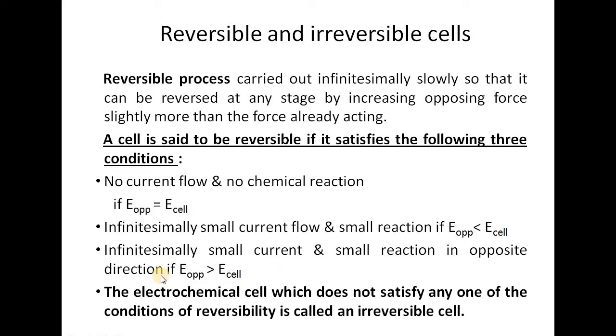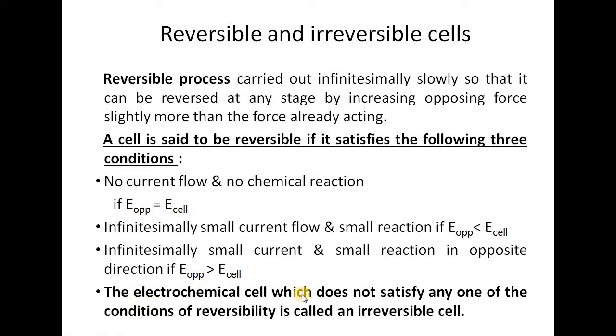And third thing, if the opposite EMF is greater than the EMF of the given cell, then there will be small current flow and small reaction in the opposite direction. If these three conditions are followed, the cell will be known as a reversible cell.